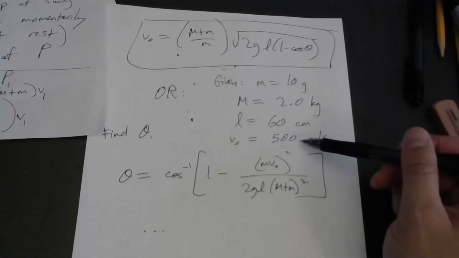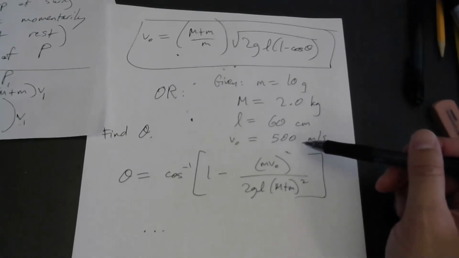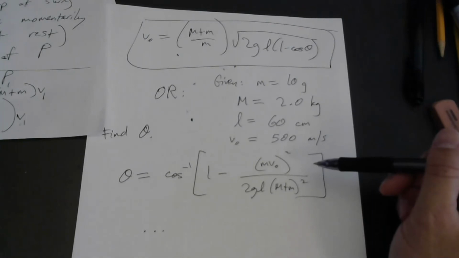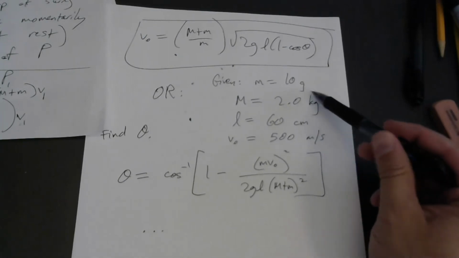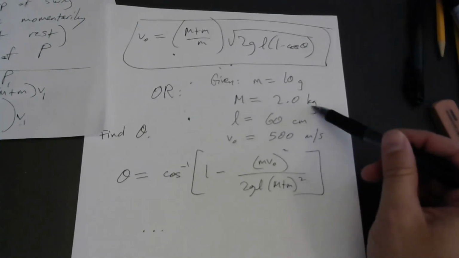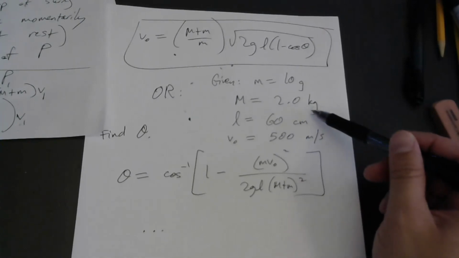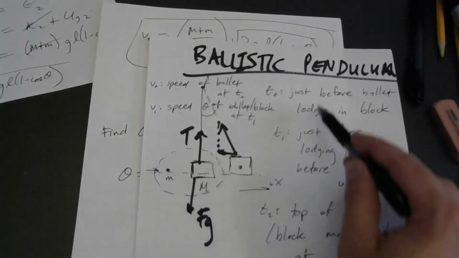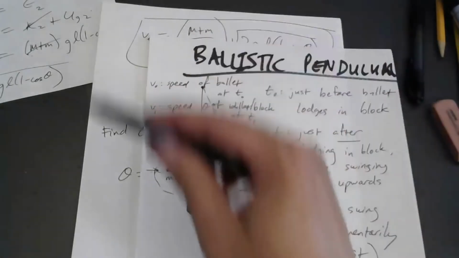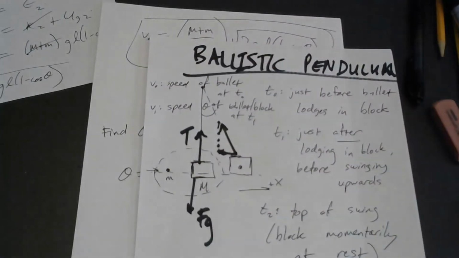If the bullet was going way faster than this, like 5,000 miles per hour, and the bullet was real heavy, and your catcher was not particularly heavy, you might expect that the bullet would be going fast enough to make this thing just clear the apex, just go all the way around, and then do multiple turns before friction brings it to a stop.